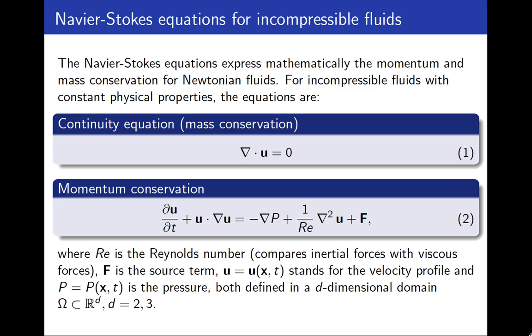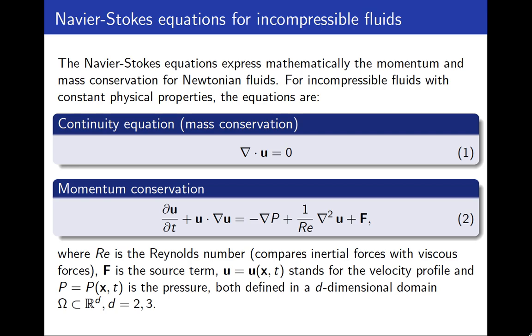But basically, Newtonian fluids are those fluids where there is a linear behavior between the shear stress and the shear rate. So Newtonian fluids describe very simple fluids, such as water. And for incompressible fluids, that means fluids like liquids.